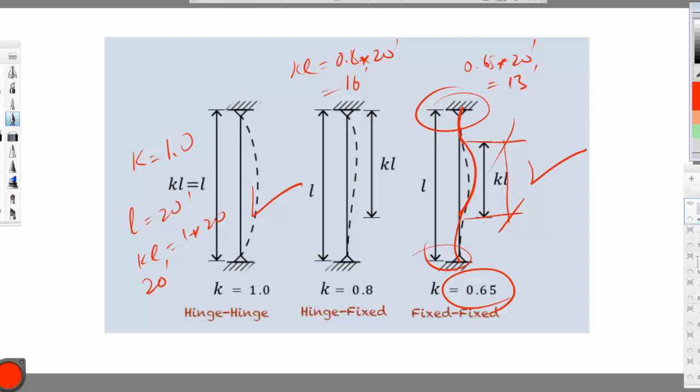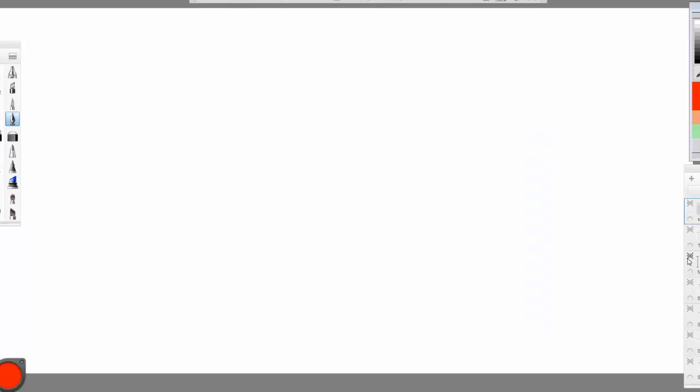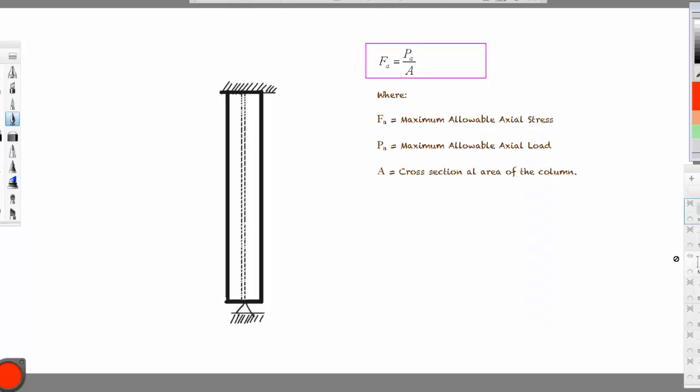Now let's go forward to the main equation of buckling. If you look at the stress equation, this is the stress, this is the force, and this is the cross-sectional area. This is what we learn in strength of materials.